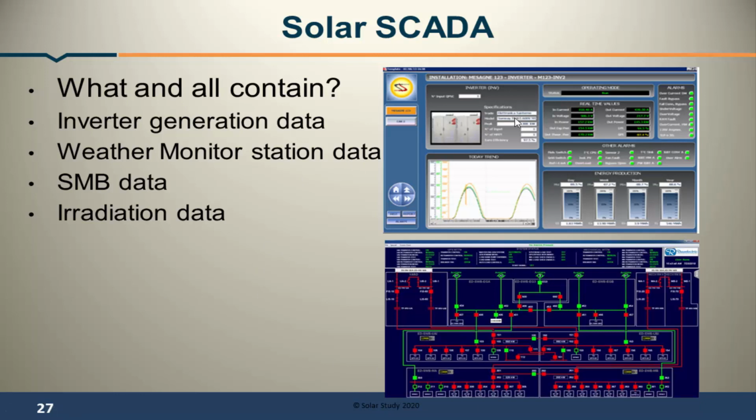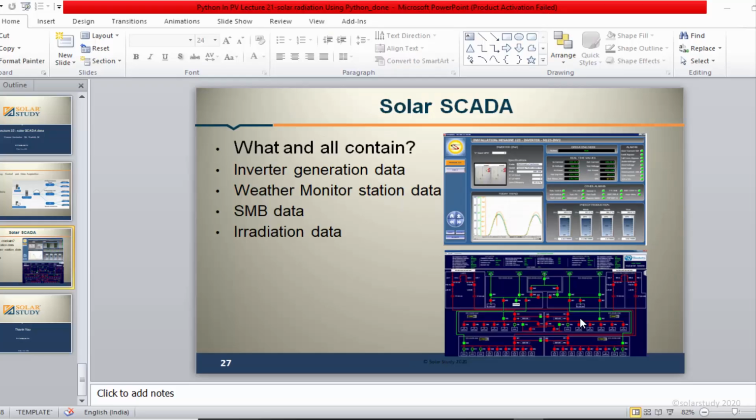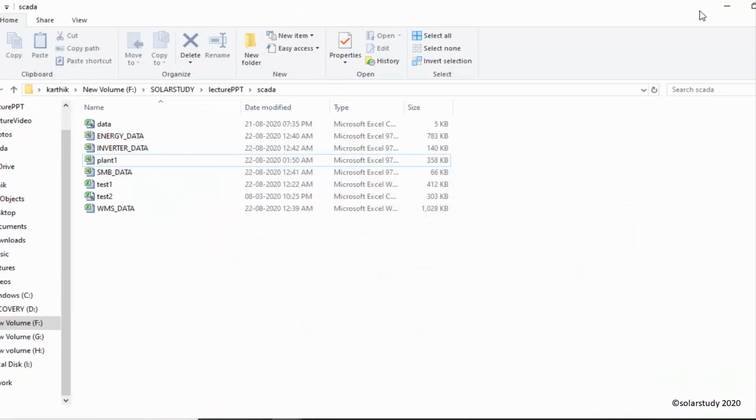We will see some power plant SCADA and what all it contains in the actual SCADA data. I have downloaded some dummy SCADA data. Let's see that. Now we will look at some of the power plant data. I have included plant 1 data, which is one type of SCADA data system.